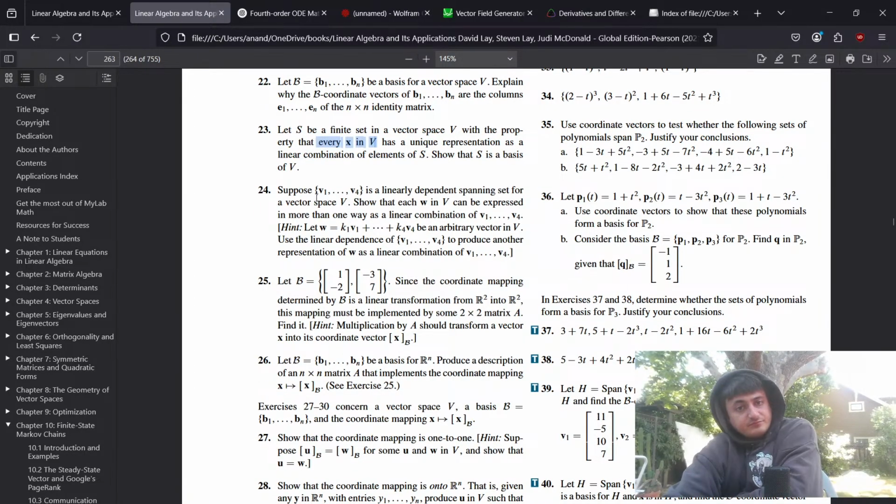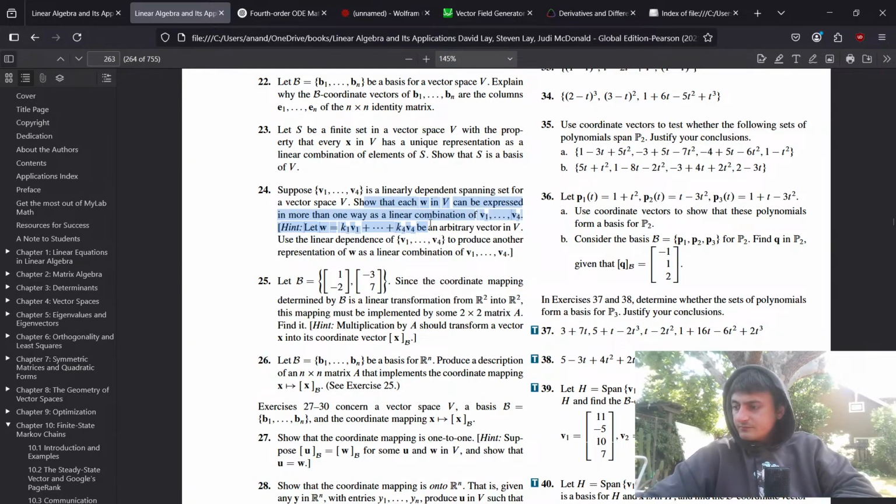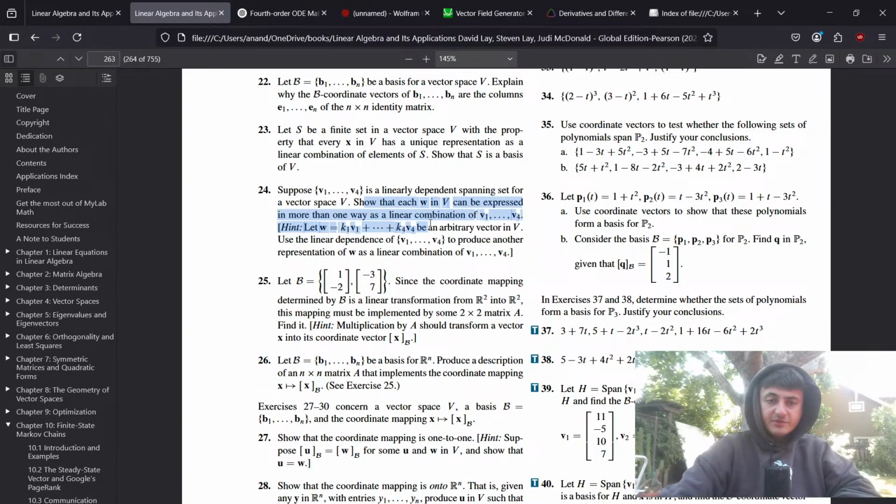All right. Suppose V1 to V4 is a linearly dependent spanning set for a vector space V. Show that each W in V can be expressed in more than one way. All right, that's a good one. It's a little bit of a review, I feel like, but that's a good one.